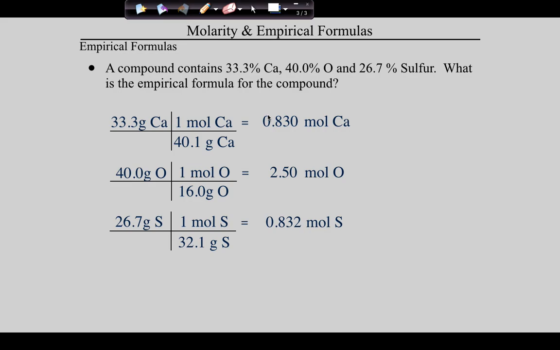In the same way that carbohydrates are 1 to 2 to 1, whatever this compound is, it's 0.8, round numbers, 0.8 to 2.5 to 0.8. The problem is that we can't write a chemical formula from this because we need whole numbers. You can't have 0.8 of a calcium, 2.5 oxygens, and 0.8 sulfurs. We need whole numbers. So how do we get whole numbers?